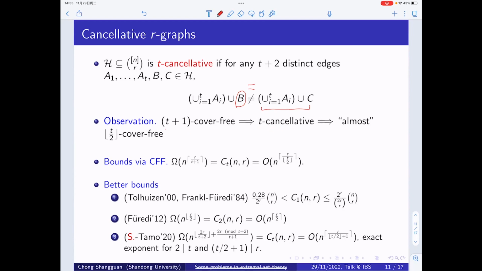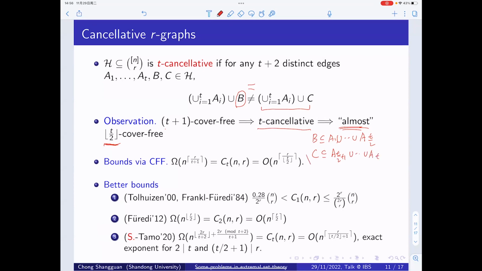With just a little more effort, one can show that t-cancellative implies almost t over 2 cover-free. Why is this true? If the graph is not t over 2 cover-free, then maybe we can find some B which is covered by the union of A_1 to A_{t/2}, and then we can find some C which is covered by the union of A_{t/2+1} to A_t.